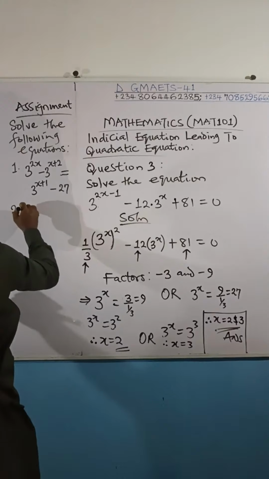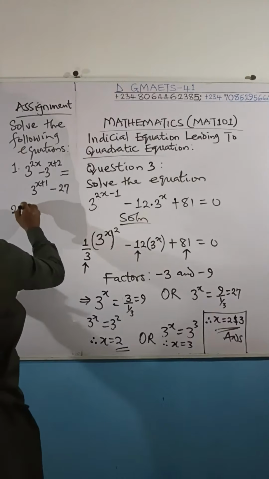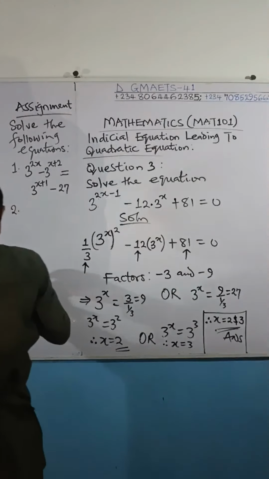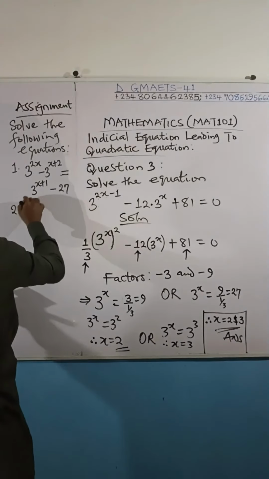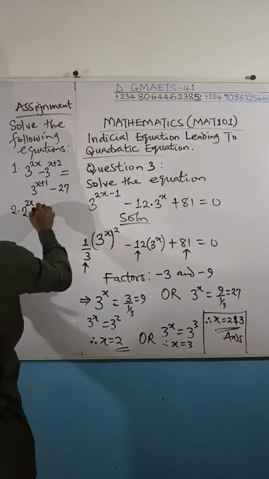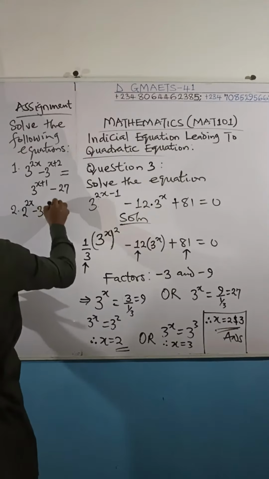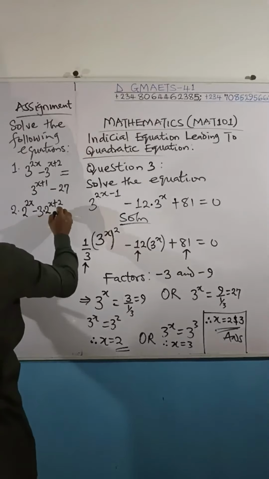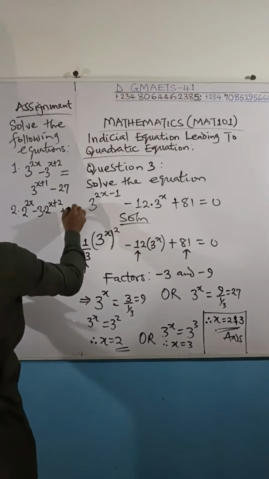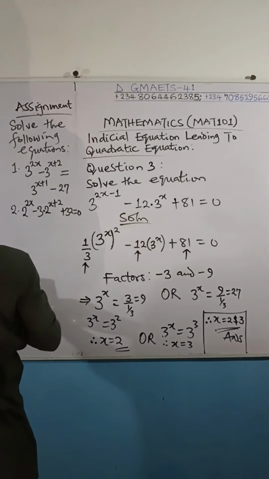Then the second one is 2 to the power of 2x minus 3 dot 2 raised to the power of x plus 2, plus 32 equals 0. Good.